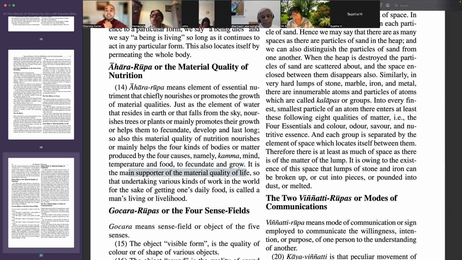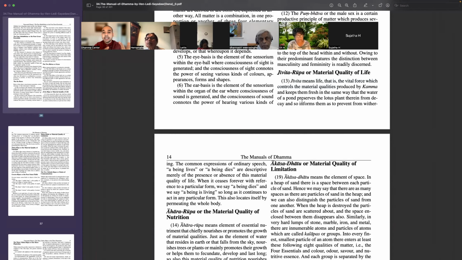So Jivita Indriya is the main force behind the persistence or continuity of the Rupa. We have just read in Ahara Rupa that Ahara Rupa is also one of the main supporters of those material qualities. Hence, we are reading about Jivita Rupa as well. I hope that is clear.